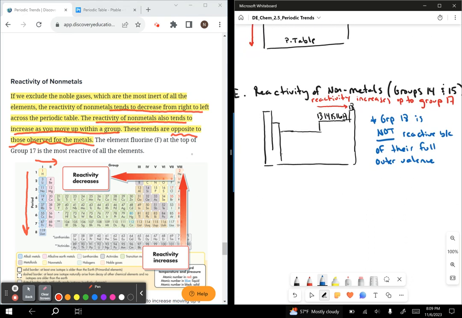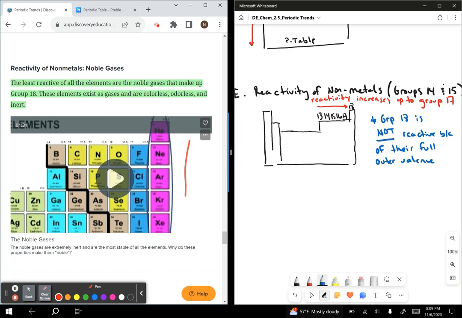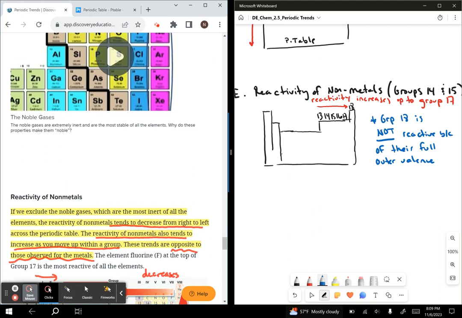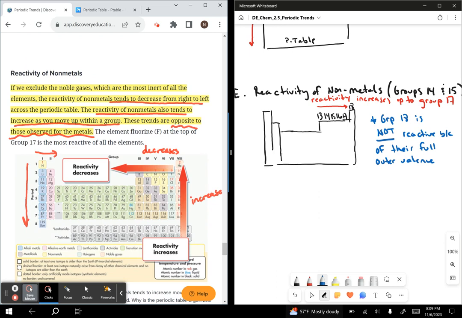So let's see here. We're going to say that it decreases going that direction, and it increases going up, okay? Increases as you go up. So we can write that over here as well.